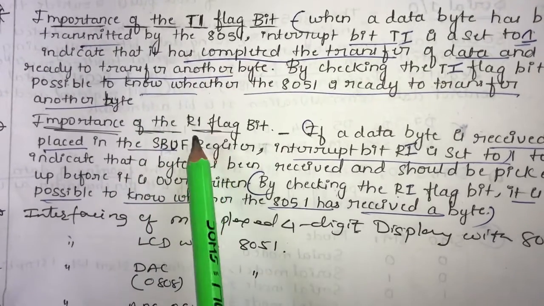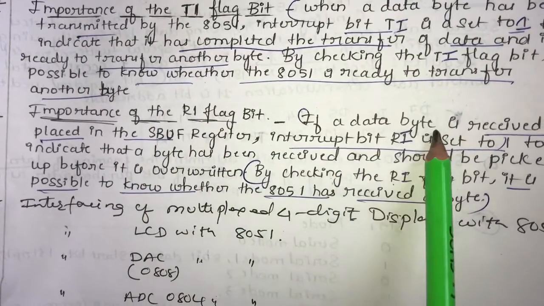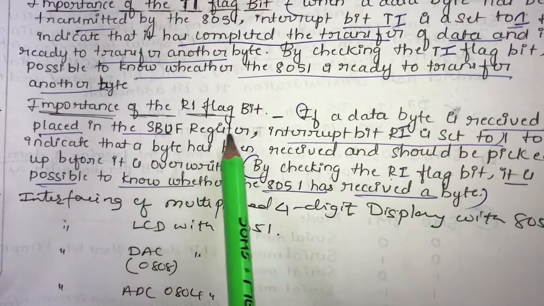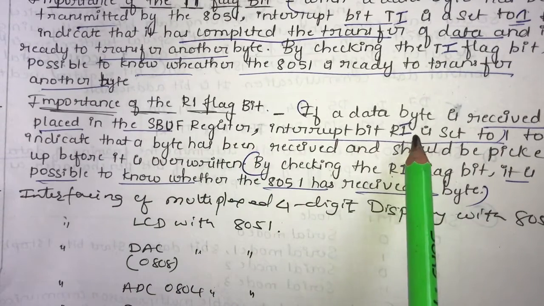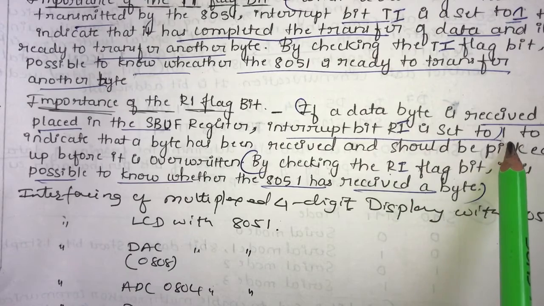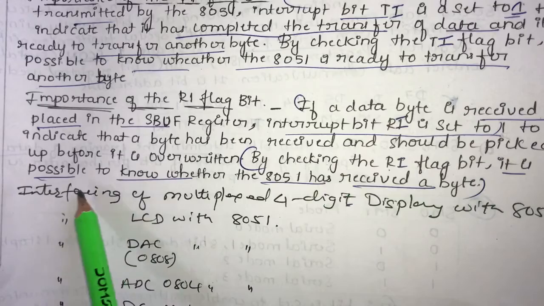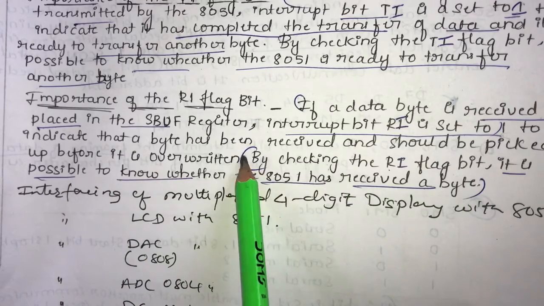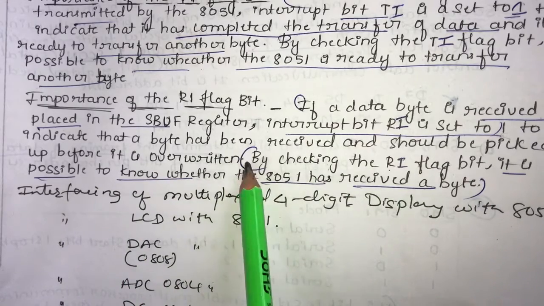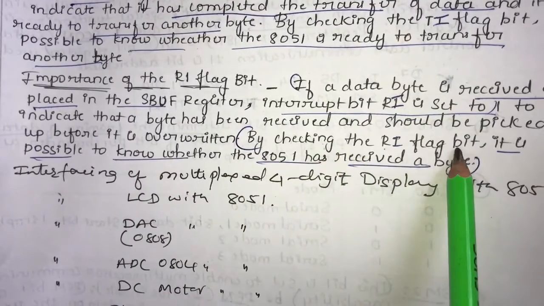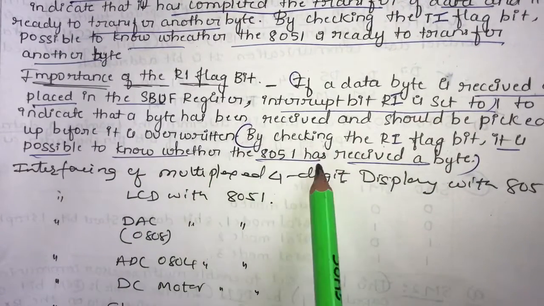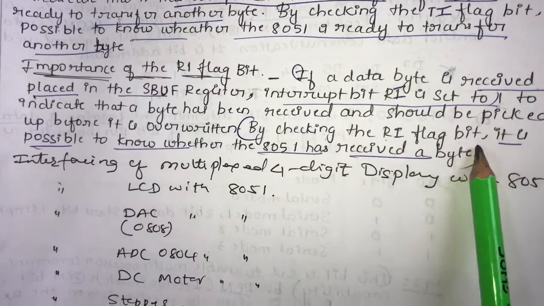Importance of RI: if the data byte is received and placed in SBUF, the interrupt bit RI is set to 1, to indicate that a byte has been received and it should be picked up before it is overwritten. By checking the RI flag bit, it is possible to know whether the 8051 has received a byte or not.